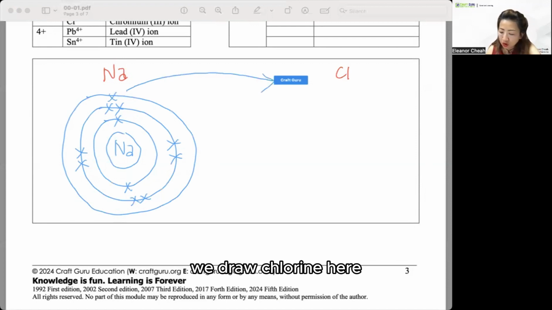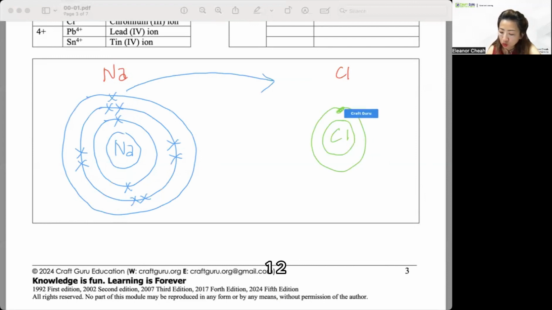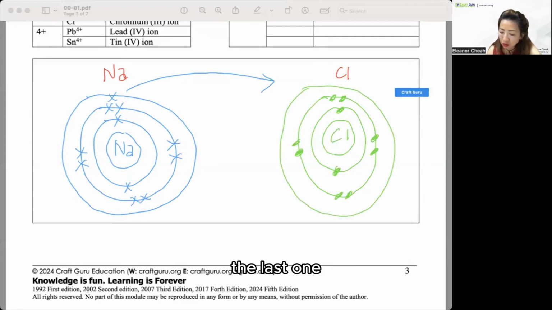We draw chlorine here. 2, 8, and the last one, 7.